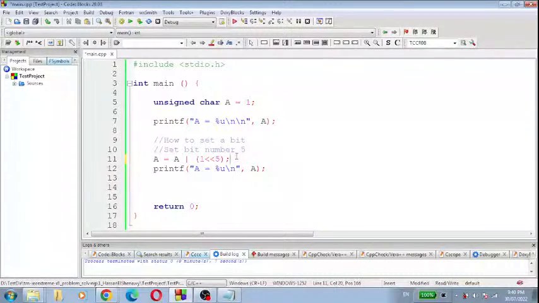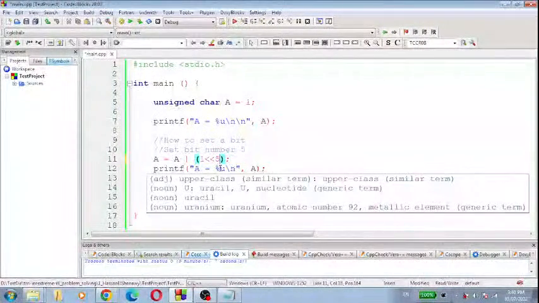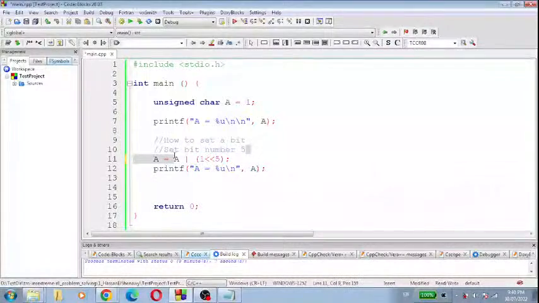So now, if I'm going to set bit number 5, I'm going to write 1 shifted by the number of the bit I'm going to set. What if I'm going to set bit number 7? I'm going to write 7 here.